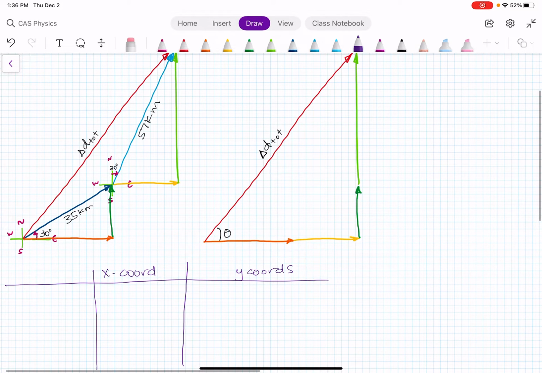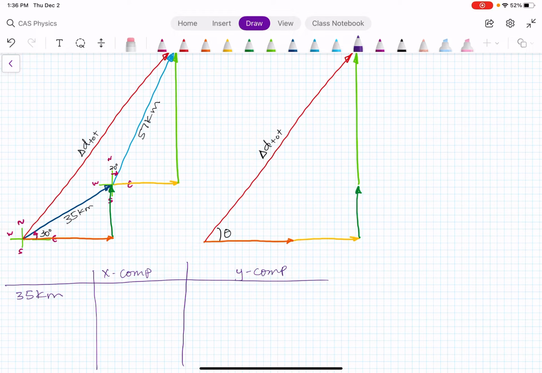So let's start with the 35 kilometer vector. So I want to know what the x, I shouldn't say x coordinate, I should say component, sorry. I'm going to relabel these and say x component and y component. All right, so the x component is actually this orange arrow.